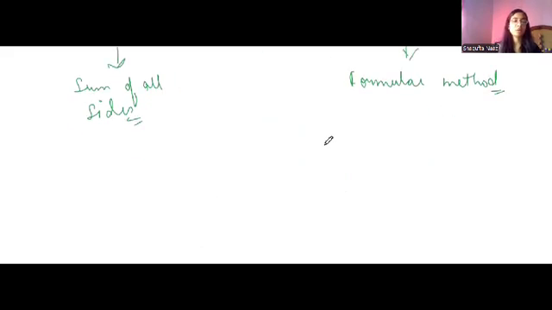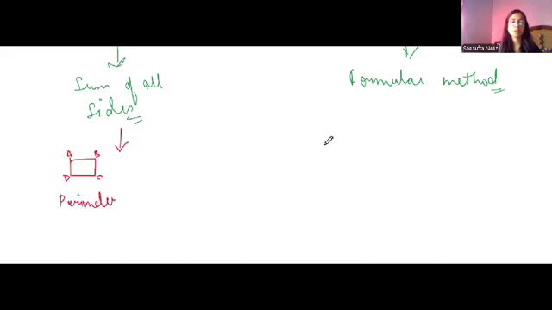So what does the formula method tell us? In the sum of all sides method, if we have a rectangle with vertices A, B, C and D, the perimeter of the rectangle equals the sum of sides, which is AB plus BC plus CD plus DA.